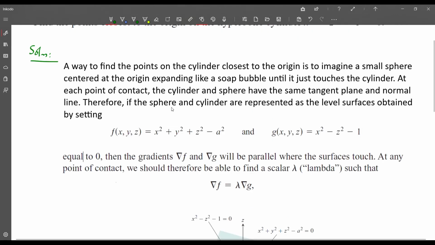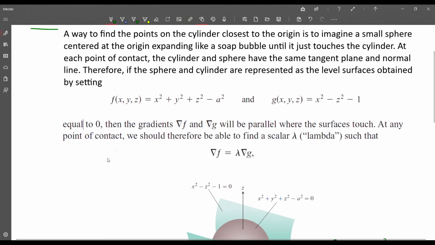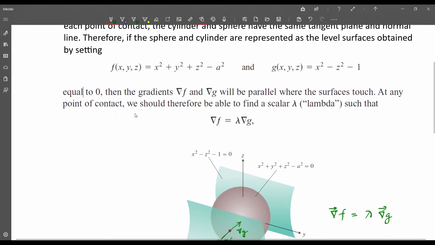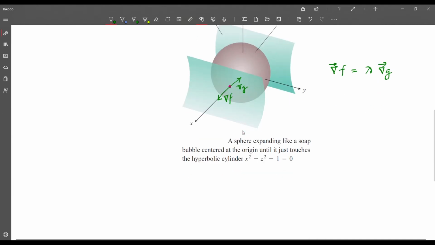So if the sphere and cylinder are represented as the level surfaces obtained by setting f of x, y, z equal to 0 and g of x, y, z equal to 0, then the gradients del f and del g will be parallel where the surfaces touch. At any point of contact, we should therefore be able to find a scalar lambda such that del f is equal to lambda times del g.